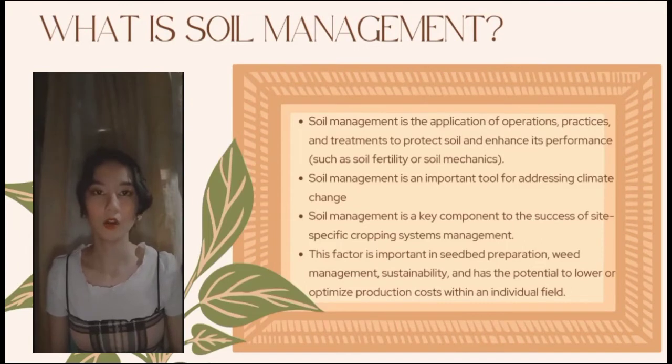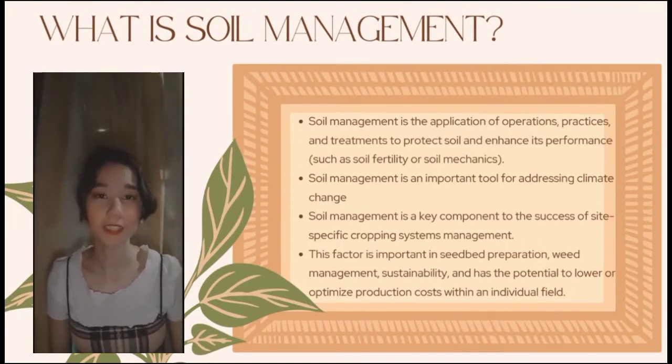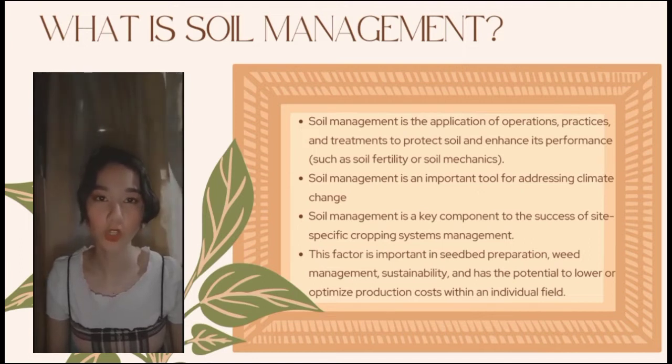Also, soil management is a key component to the success of site-specific cropping system management. It starts with the farmer's capacity to vary tillage and inputs according to soil condition and needs. This factor is important in seedbed preparation, weed management, sustainability, and has the potential to lower or optimize production costs within an individual field.